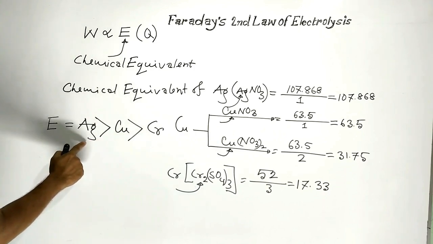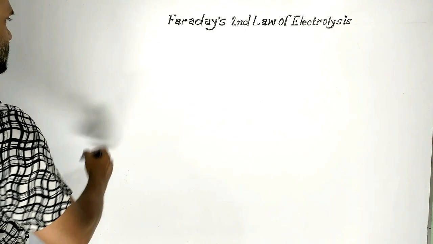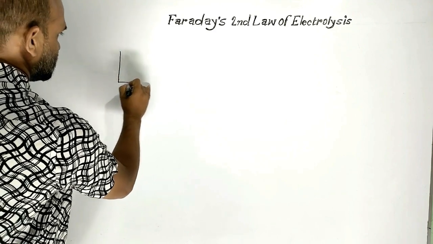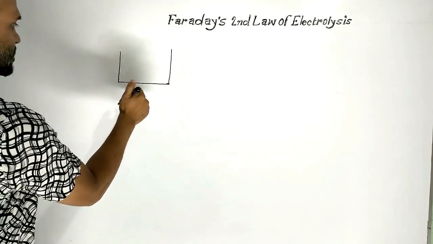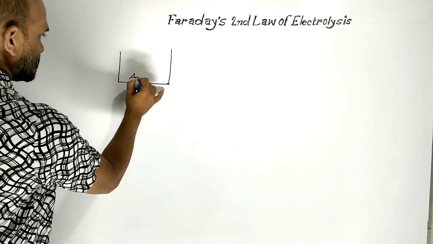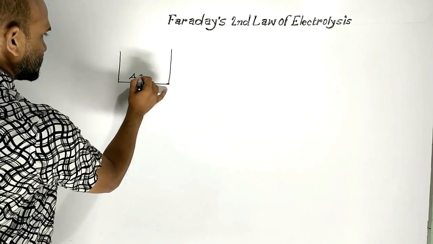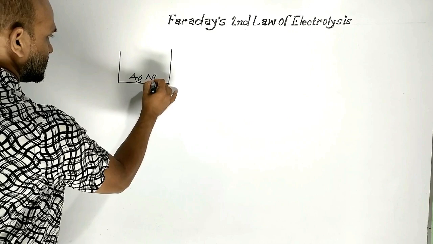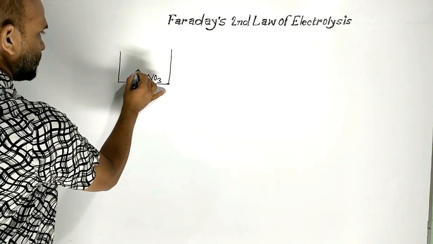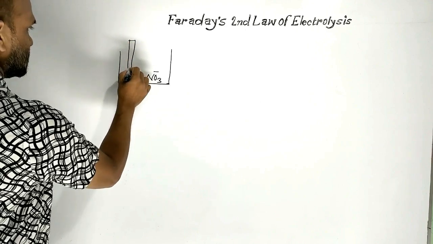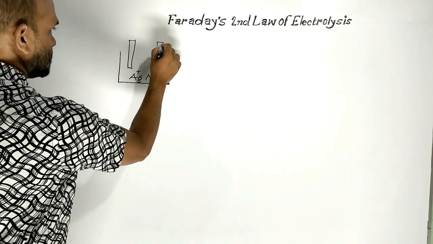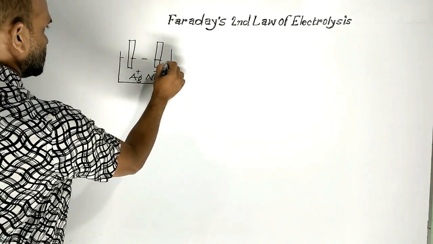Now let us try to prove the matter. Let us consider this electrolytic cell in which electrolytic solution of silver nitrate has been taken. Silver plus, nitrate minus. Anode, cathode.